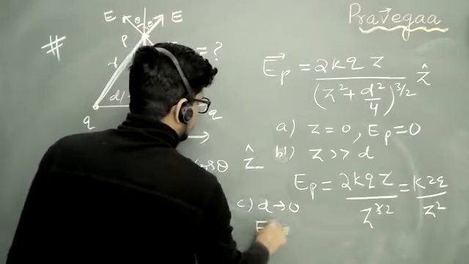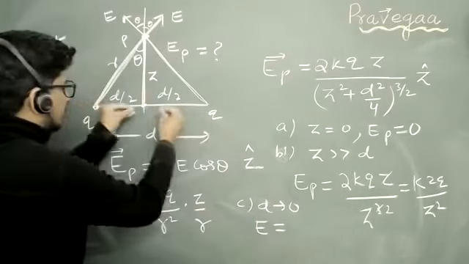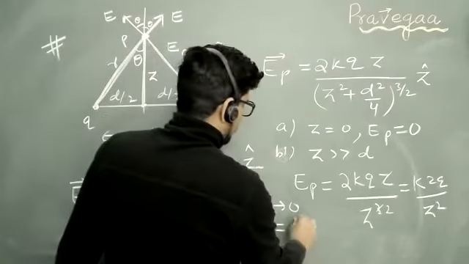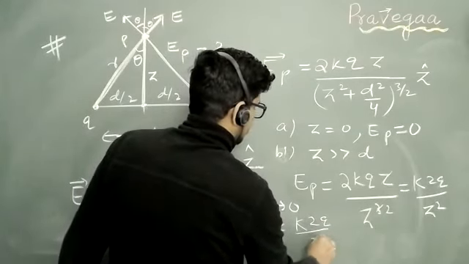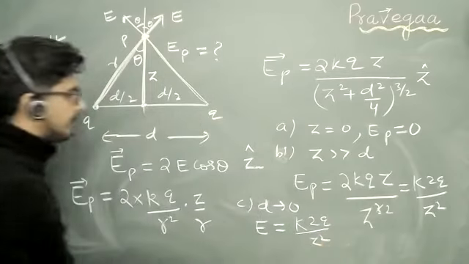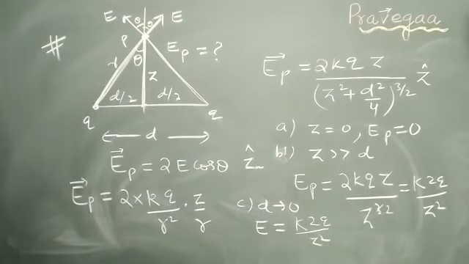Then the same thing will still happen. It will become k 2q by z square. So all these cases are reflected in this. Everything becomes clear with just this, from a single formula.